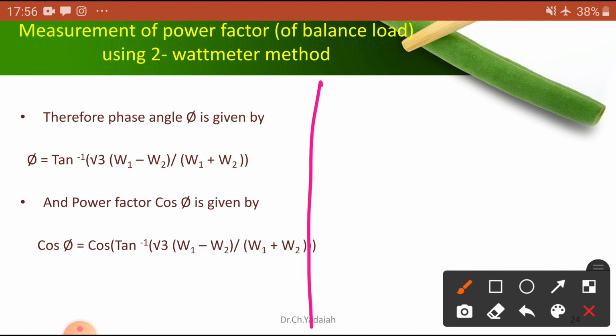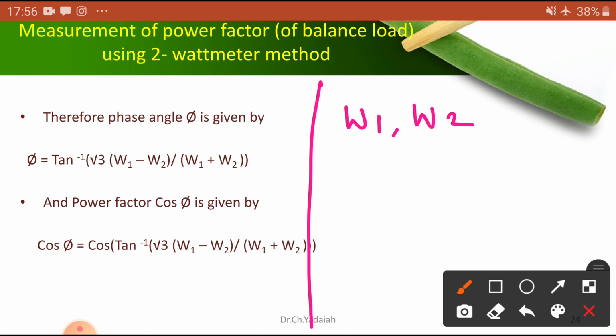the power measured in a 3-phase unbalanced load with the help of W1 and W2, we found the RMS values in the form of line values.